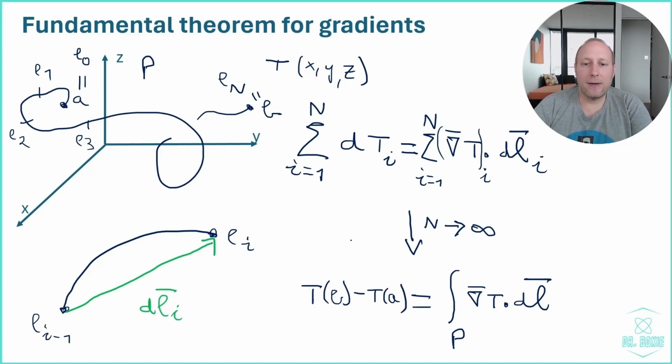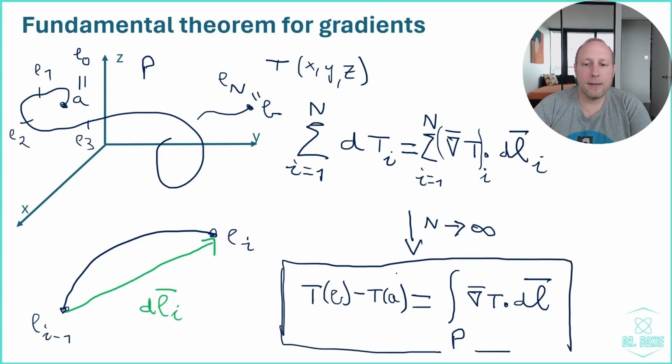And what we find here is a kind of fundamental theorem, but then for gradients. It tells us that integrating out a gradient of a scalar field amounts to getting rid of both the integral and the gradient, and all we're left with is the actual scalar field, but then evaluated at the endpoints of that path and subtracting them from each other. So this here is the fundamental theorem, but then applied to gradients.